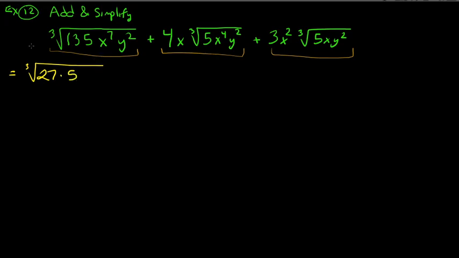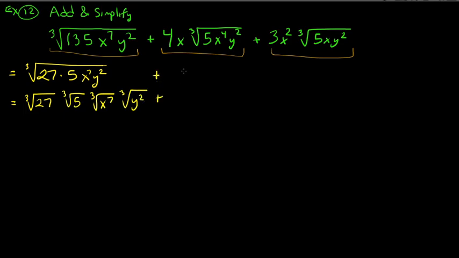And then we still have the x to the 7 y squared. I was going to split all these up, but let's do that on the next step. So let's do the cube root of 27 times the cube root of 5 times the cube root of x to the 7, and then times the cube root of y squared.